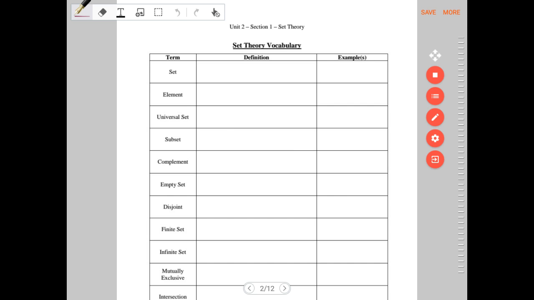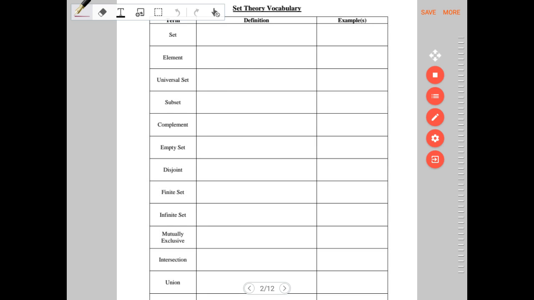The first thing I've done is added a vocabulary page. So what you need to do is determine a definition for each of the terms listed, okay, as well as provide an example, okay. So an idea that you could use here is set would be a group sharing common characteristics.